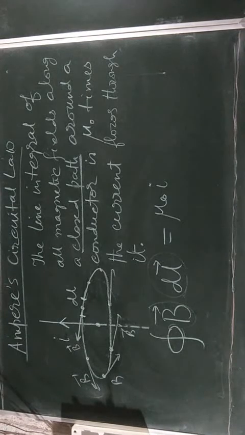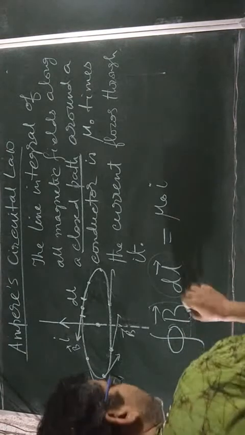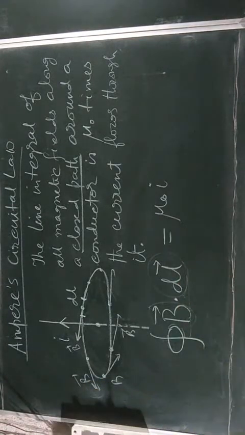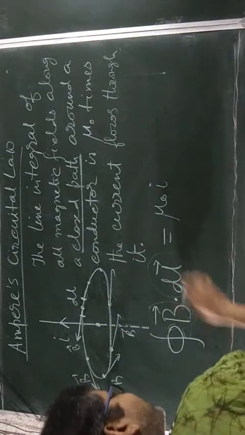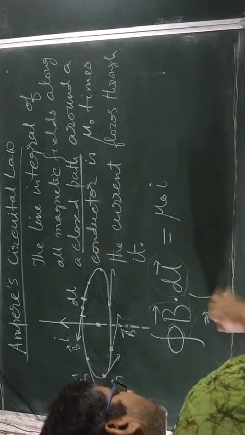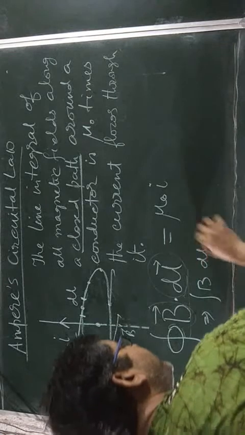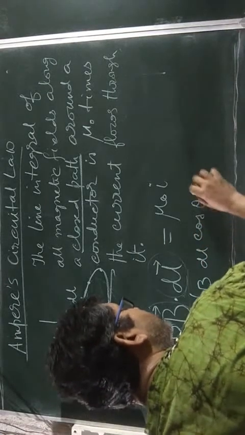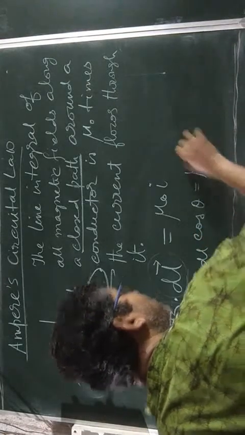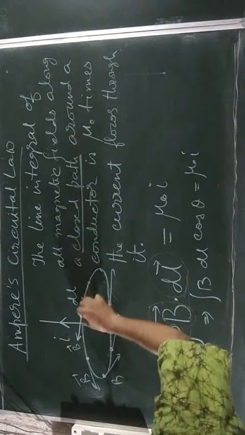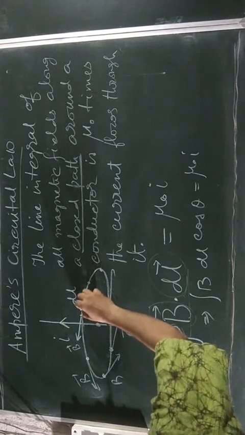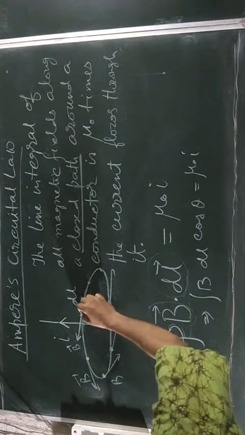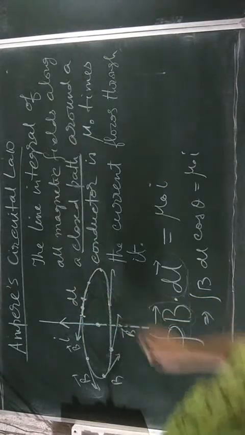Now this is the dot product, so obviously its value should be B dl cos theta, and for every dl and its corresponding B, what is the angle between these two?